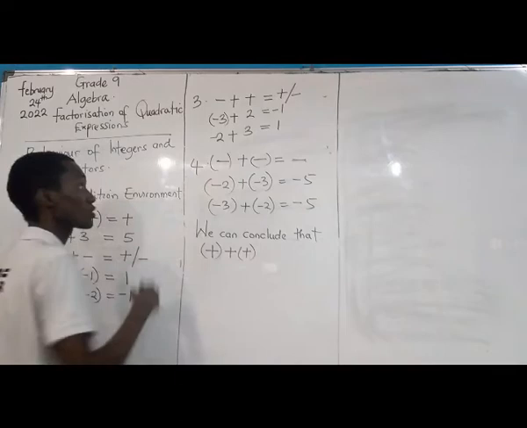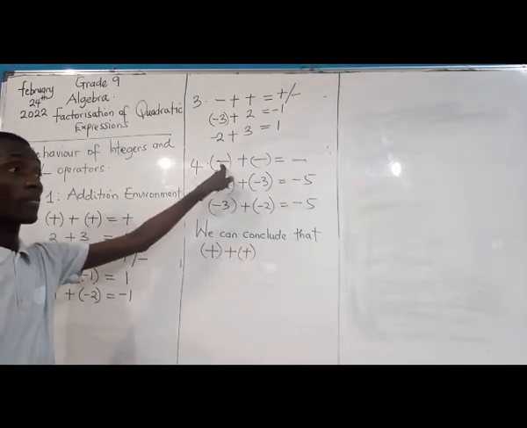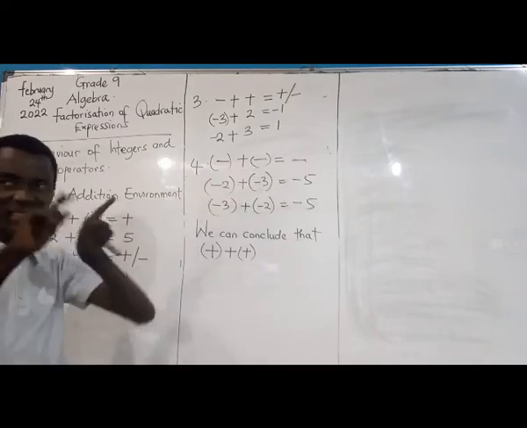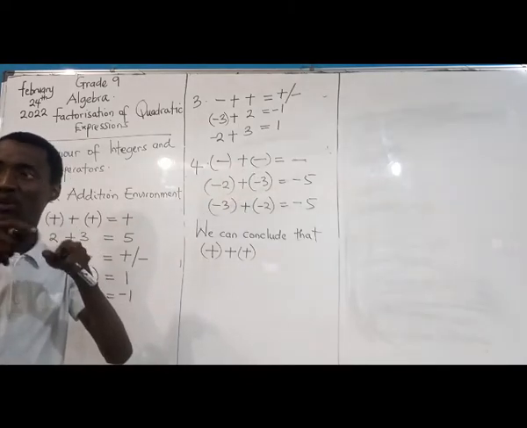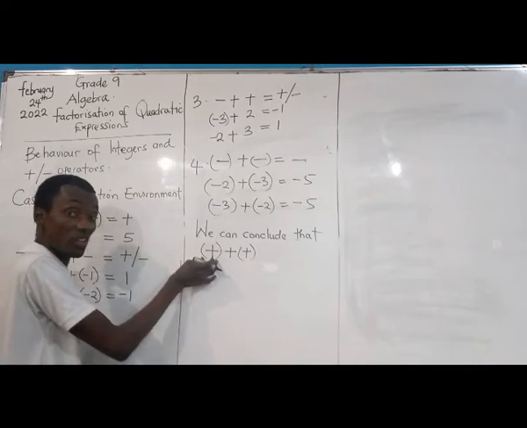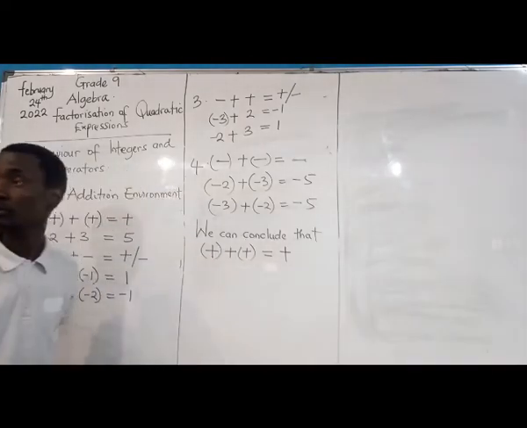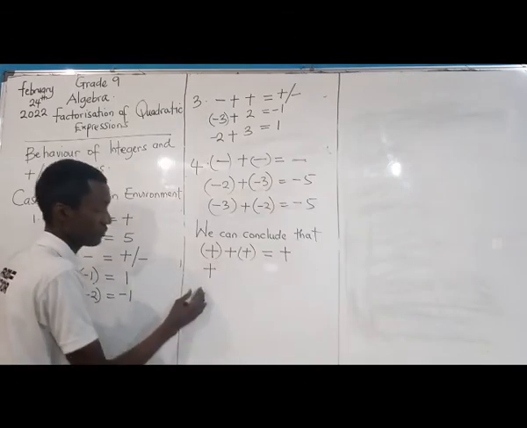We generally case it just to tell you that this is an integer, this is an operator. The casing tells you which is an integer and which is an operator. So positive plus positive must give you positive.